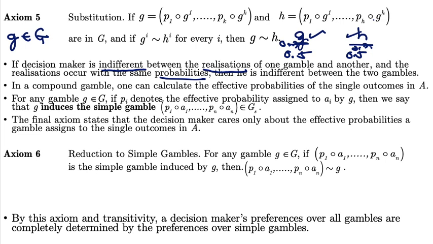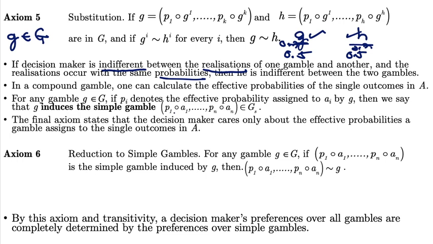That's what it means. But if it is a compound gamble, one can calculate the effective probabilities of the single outcomes in A. So for any gamble G, which is an element in capital G, the set of gambles, the probability of outcome I denotes the effective probability assigned to the outcome AI by gamble G. Then what we can say is that gamble G induces the simple gamble of what?